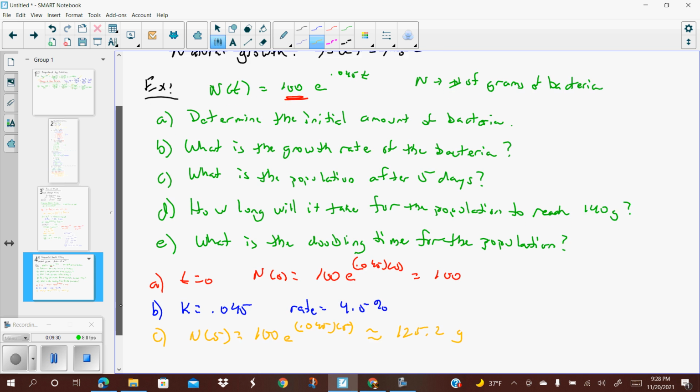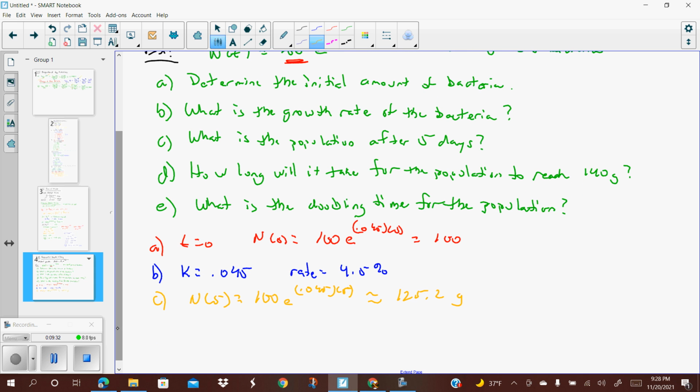I'm going to have to slide this down a little bit to fit D and E on here. D and E are going to take a little bit more work. So D says, how long will it take for the population to reach 140 grams? The question is, how long? They're asking us to solve for t. We're solving for a time. And they want the population to reach 140 grams.